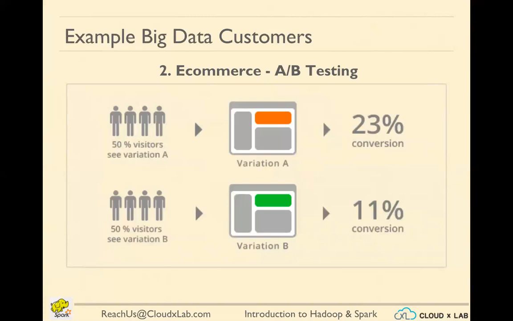Here what you see is there are two variations, A and B. Variation A is red in color. Variation B is green in color. 50% of the visitors are being sent to variation A, while the other 50% are being sent to B. The question to you is, which one will you go for, the red or the green, based on this data?